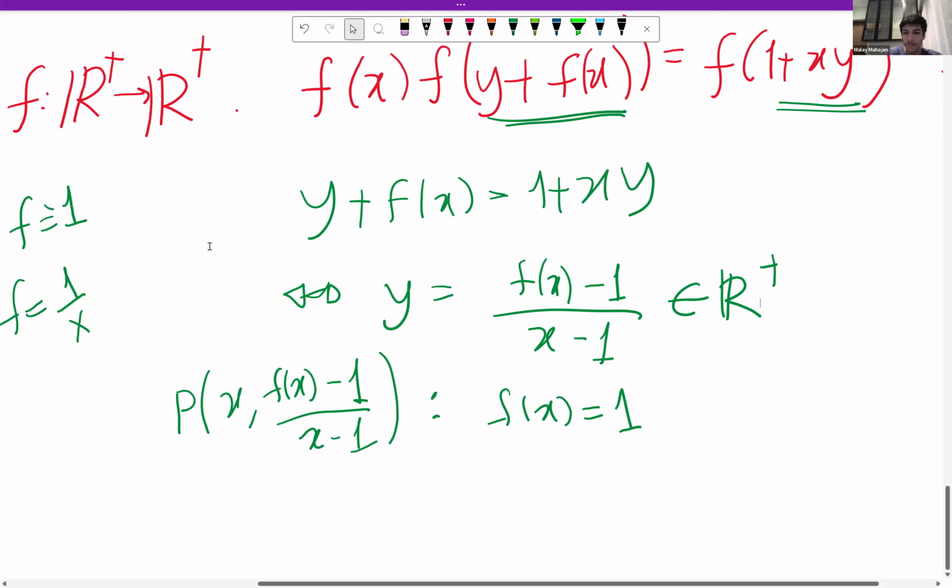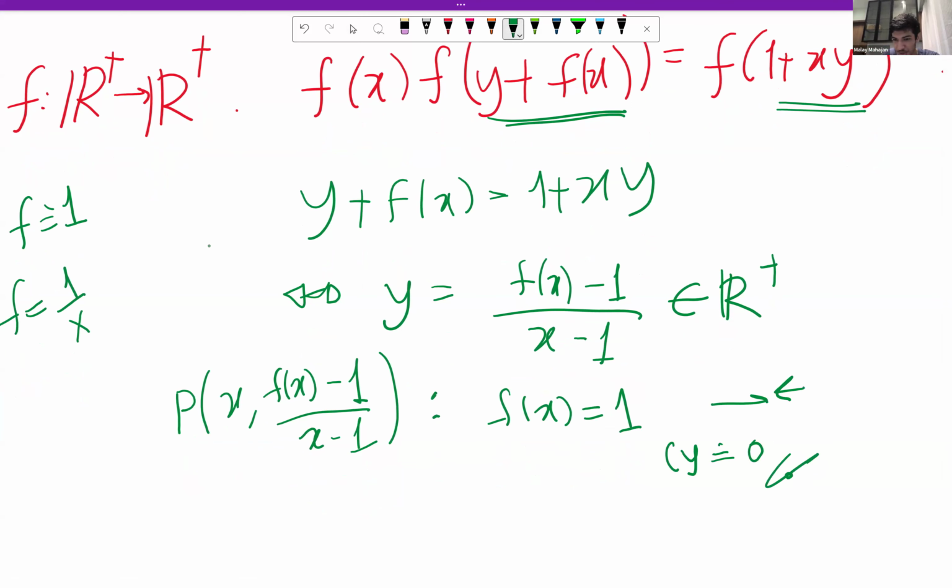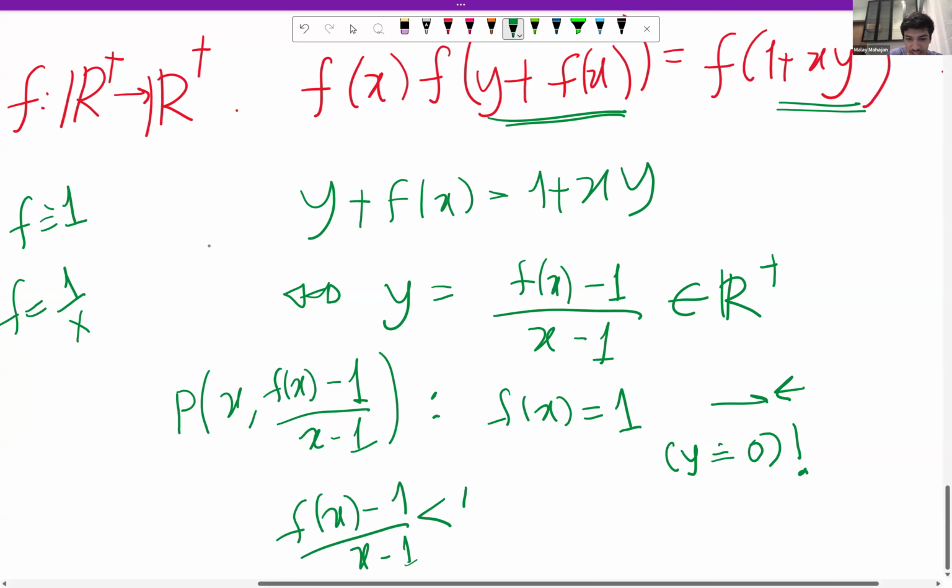So is the contradiction clear to everyone? The point is y cannot be a positive real number, and hence you get f(x) minus 1 or x minus 1 is negative.